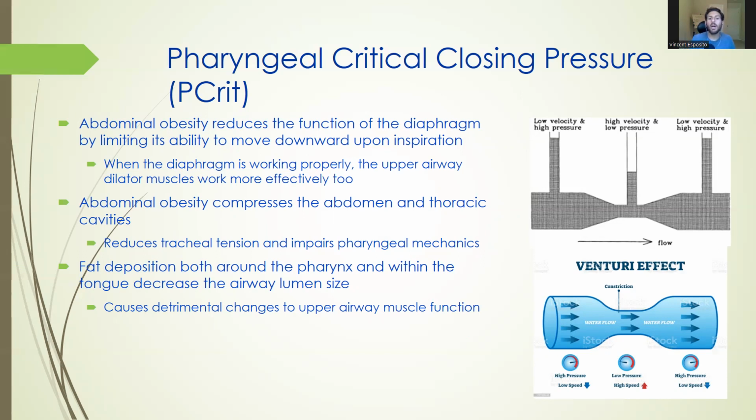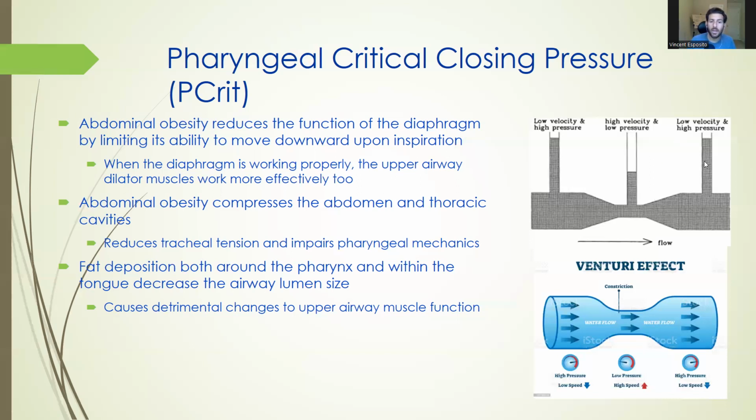Another thing abdominal obesity can do is compress the abdomen and the thoracic cavities. Again, that's going to make it harder for your ribs to expand and your diaphragm to contract downward, and get the air you need to go against that negative pressure. So if this happens, that's going to be a real issue.